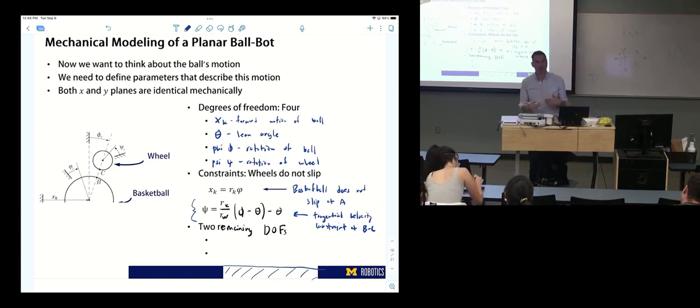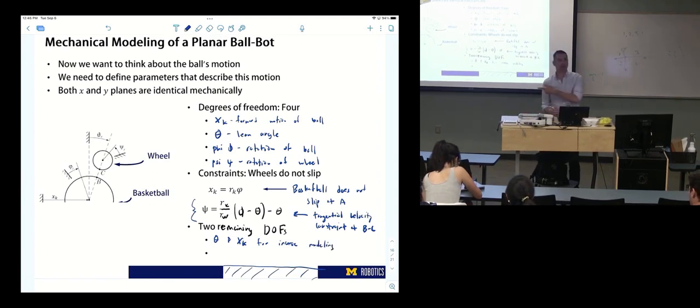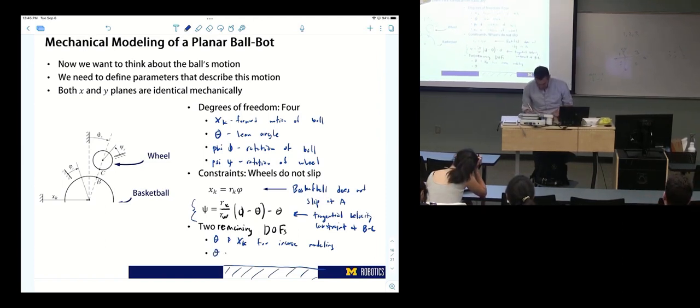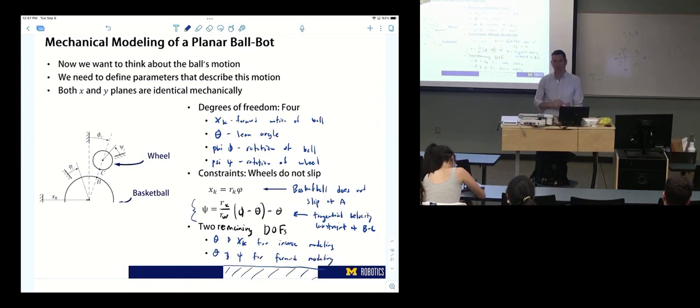In our approach, we're doing the inverse modeling. We have theta and x of k for inverse modeling. If we were forward modeling with Simulink, we would use different degrees of freedom. We would use theta and psi for forward modeling.